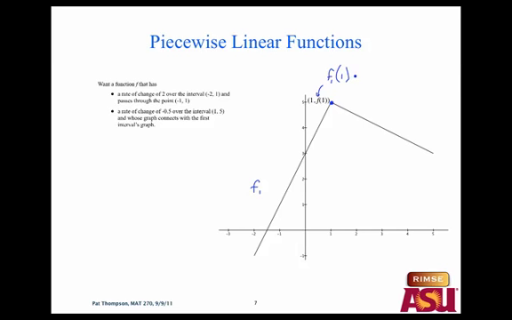But then we also want that to be f2 of 1, so that they match up and we have a continuous function, meaning that when we get to 1, whatever value we arrive at is the value we'll start at to continue on f2.